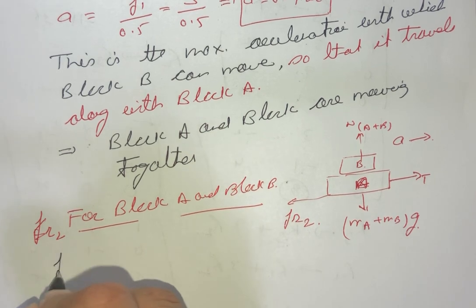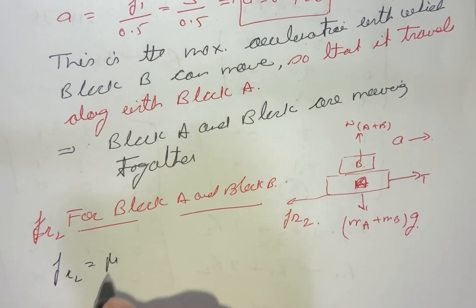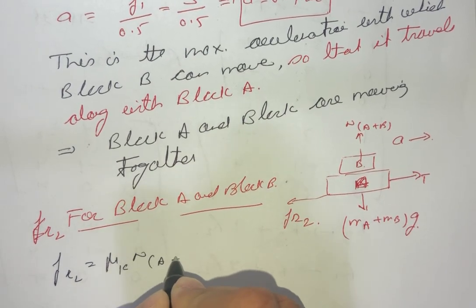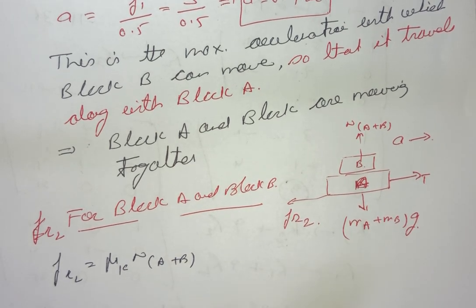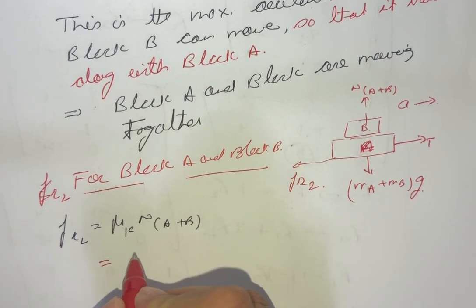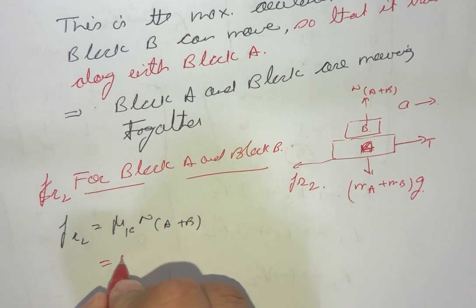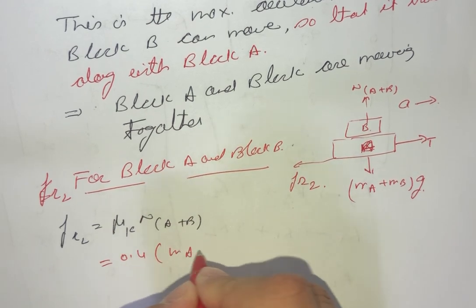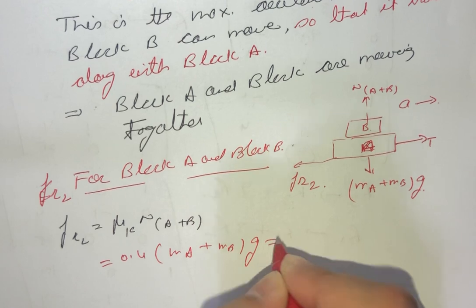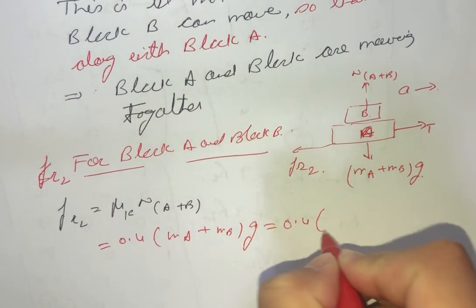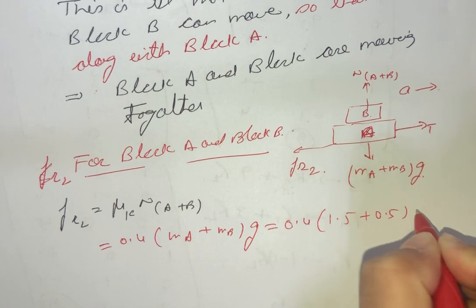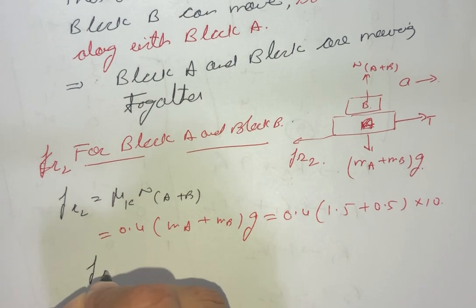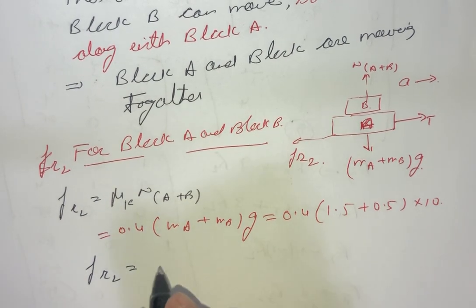So we can find Fr2 will be equal to mu kinetic into N of A plus B, and we already know that mu kinetic is given as 0.4, and N will be equal to (mA plus mB) into g. So we have 0.4 into (1.5 plus 0.5) into 10. So we get Fr2 equal to 8 Newton.